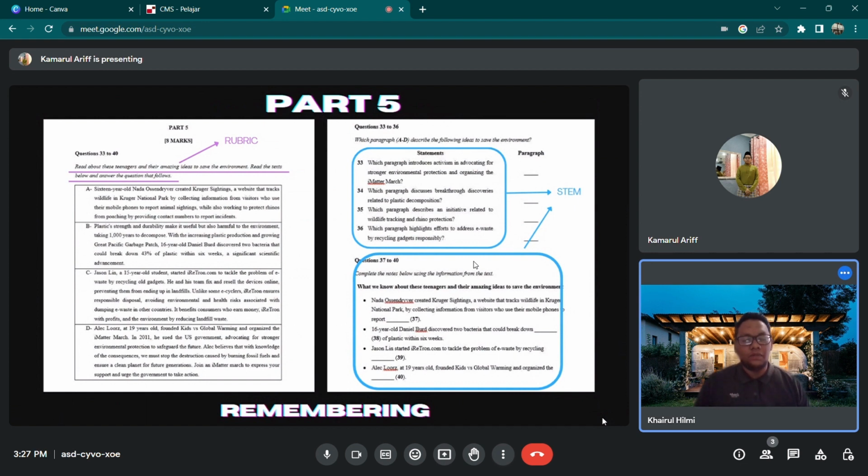The student just reads the paragraph, understands it, and transfers it to the blank space provided. This kind of question is remembering, because the student just needs to remember the key point to fill in the blank. So I'm going to continue with paper 2 for writing.